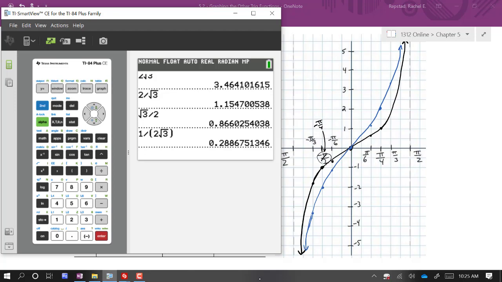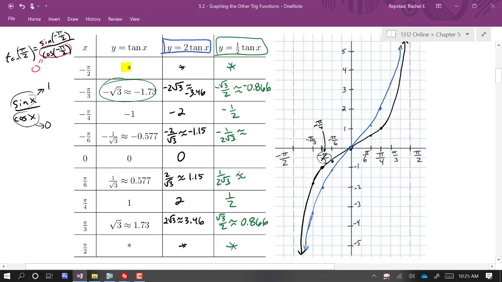And that's about 0.289. So at positive pi over 6, a positive 0.289, negative pi over 6, a negative 0.289. And I'm just going to do my best. It doesn't have to be perfect, but I just want to sketch this out.